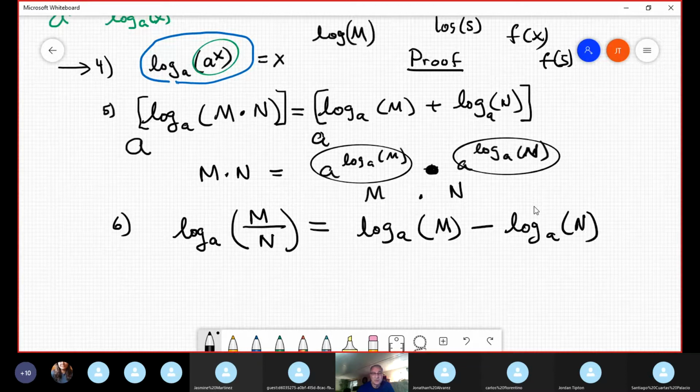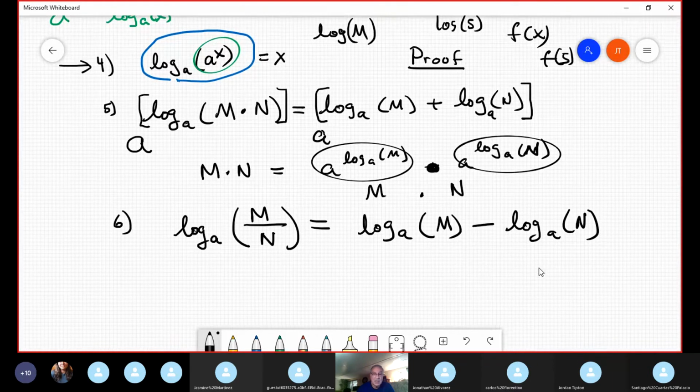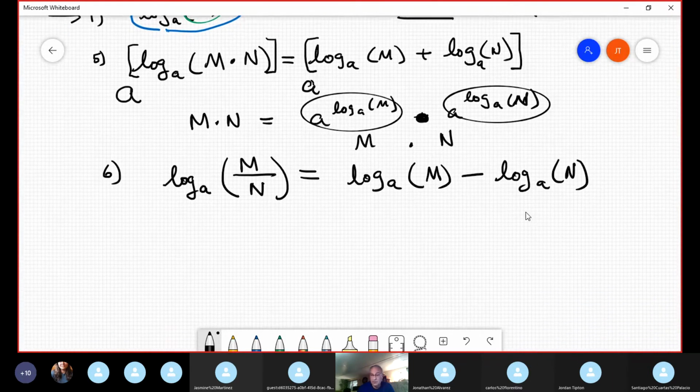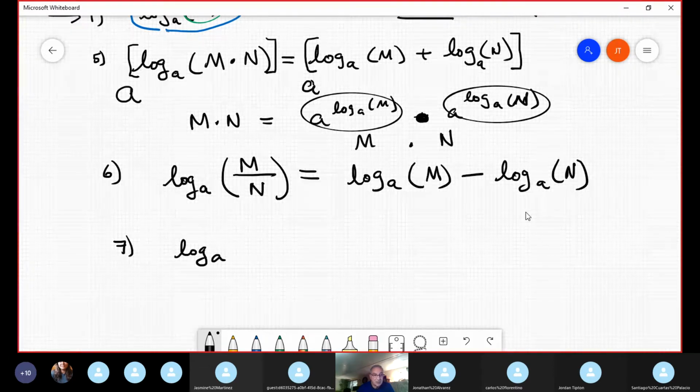That's easy to remember because when it's multiplication it's addition, and when it's division it's subtraction, the opposite operation. And what about when it's an exponent? When it's an exponent, it's property number 7, log base a, where base a indicates any base, 2, 3, 10. The expression is m raised to the r power.